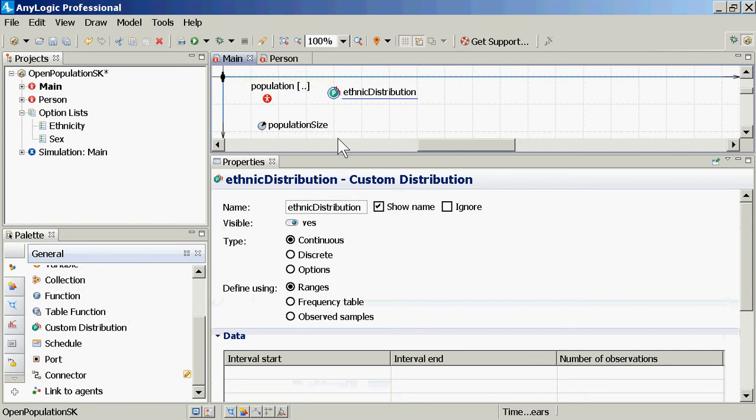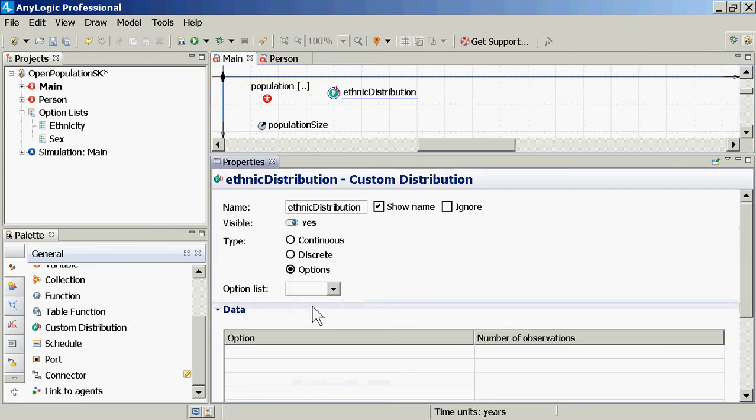We can define empirically grounded distributions that are continuous in nature, that are discrete in nature, or, and this is what's going to apply here, they choose between different options. So we're going to choose that options here, and it lets us pick an options list. We're going to say Ethnicity.